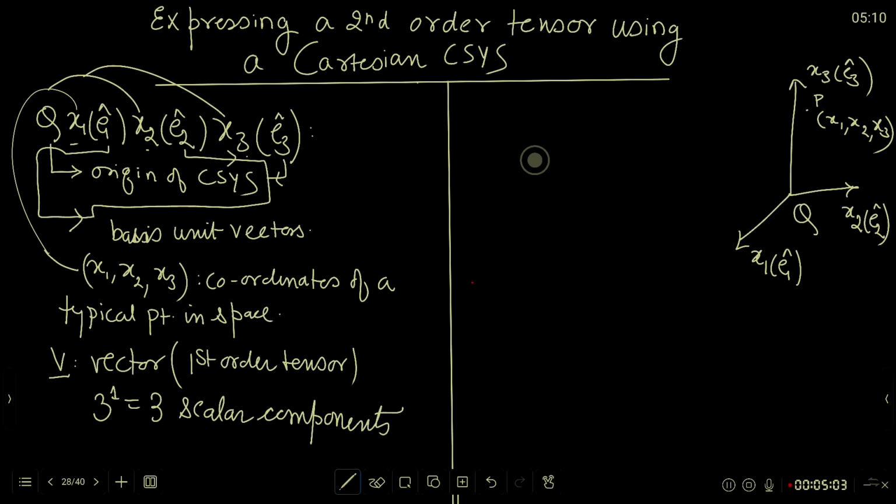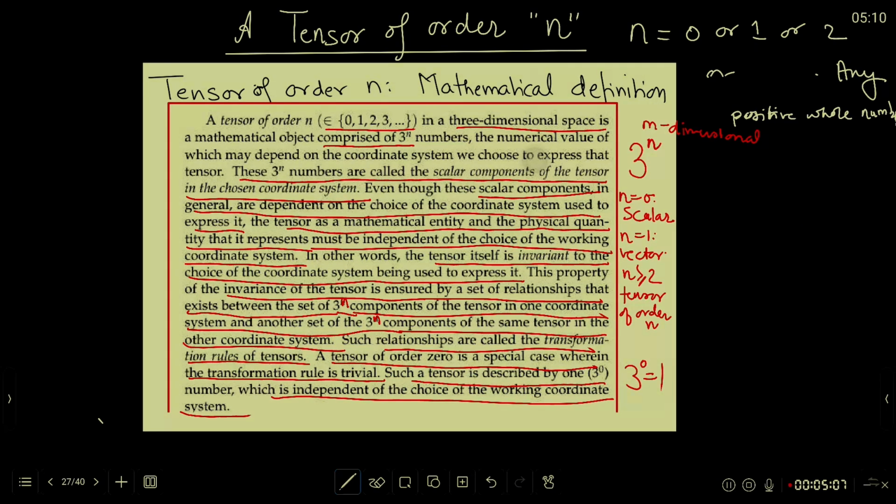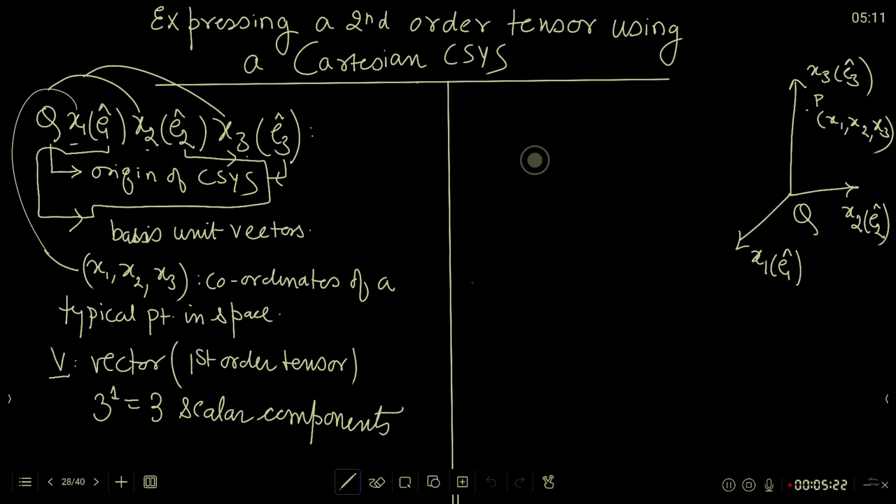Even though we are familiar with this fact, my interest is to show you that this familiar fact about vectors is also covered by the definition or the description of a tensor of order n that I shared with you. Okay, 3 scalar components. So if I choose to express this vector in this coordinate system, it will be written as something like this.